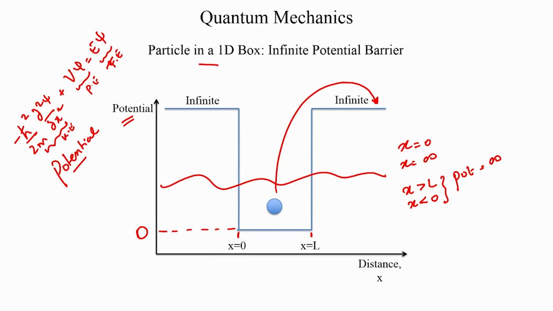It has to have an infinite amount of energy to be located outside this little valley, and this valley is what we call the box.